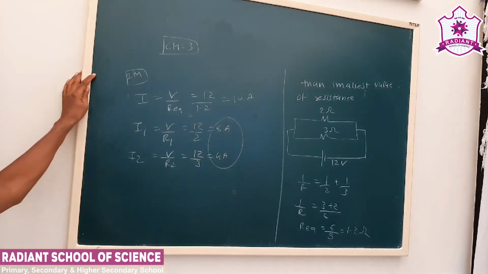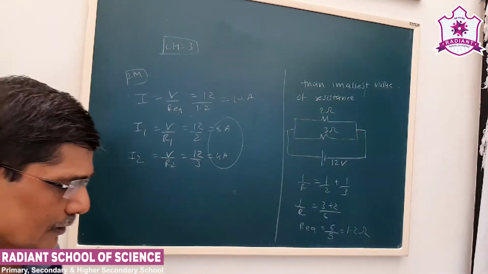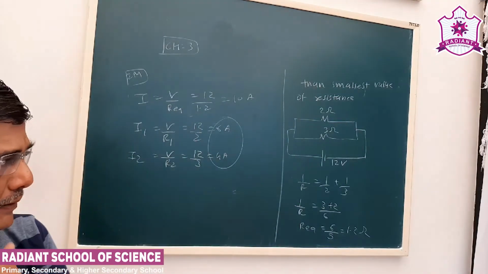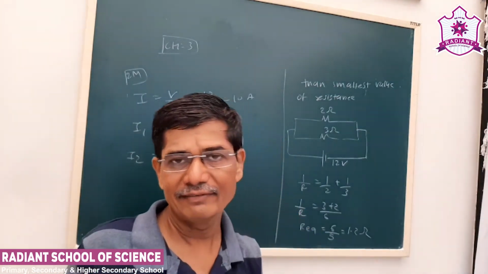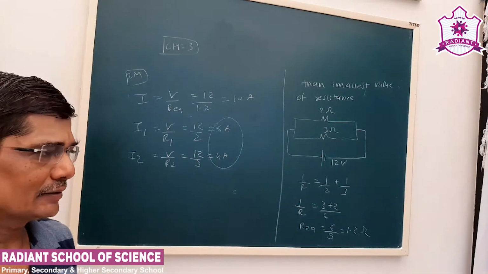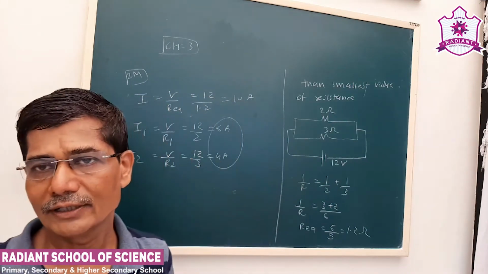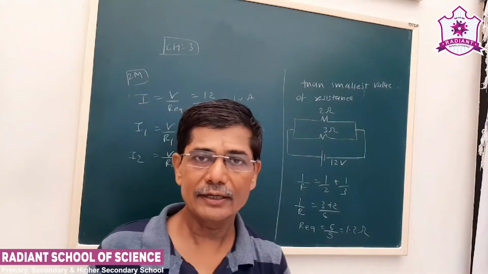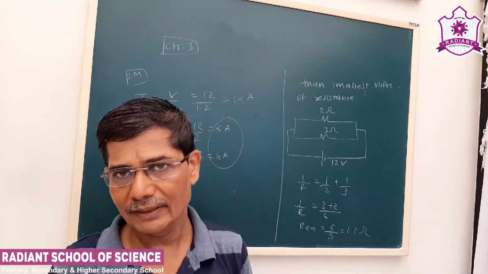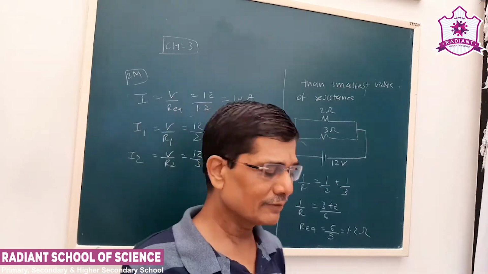So if we add these, we will get 10 ampere. So that is how the current is divided in the parallel connection of the resistors. Now see what we have seen here: in series connection of the resistors, equivalent resistance is larger than the largest value. So in series connection, equivalent resistance will always increase. In parallel connection of the resistors, equivalent resistance is smaller than the smallest value. That is why the resistance will decrease.